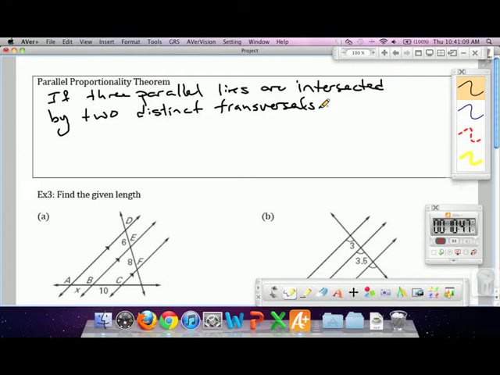So our setup is the following. We have now, instead of just two parallel lines, three parallel lines. And you can use this to generalize even further if you want to add more than just three. But we have three parallel lines and we intersect them with two different transversals.